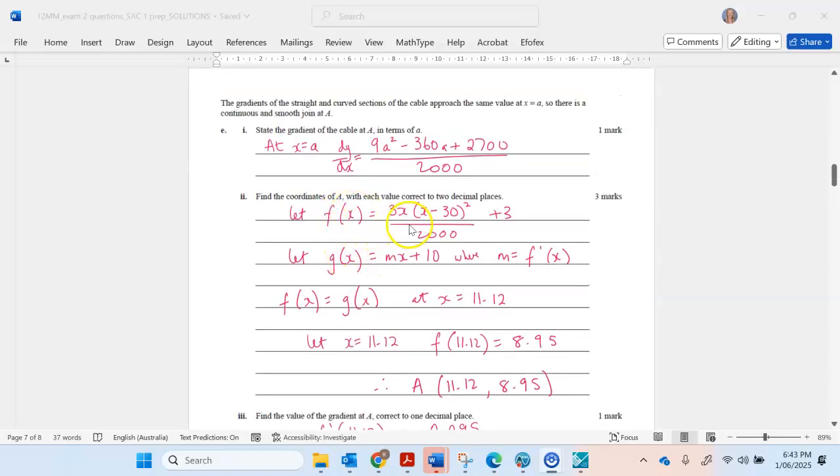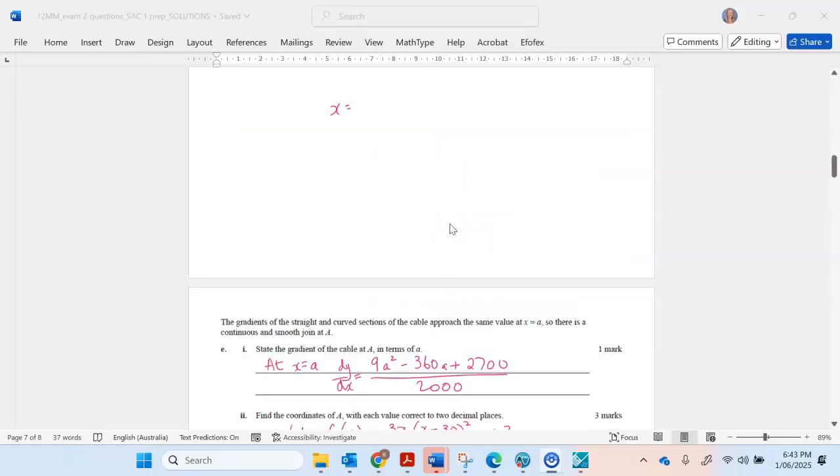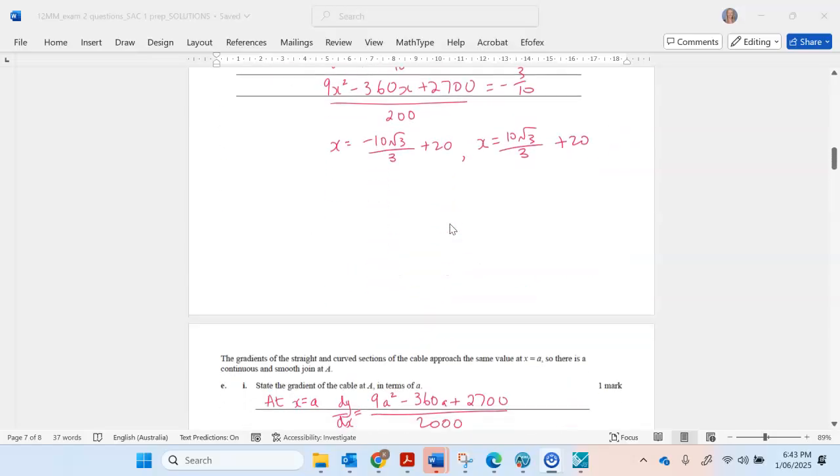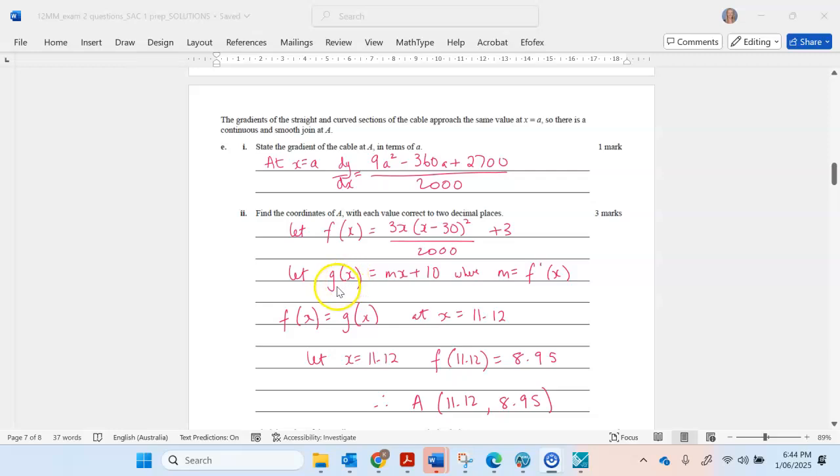So we've got here f of x, which is the same as h of x, it looks like. And then g of x is the straight line. So we know the equation of a straight line is y equals mx plus c.